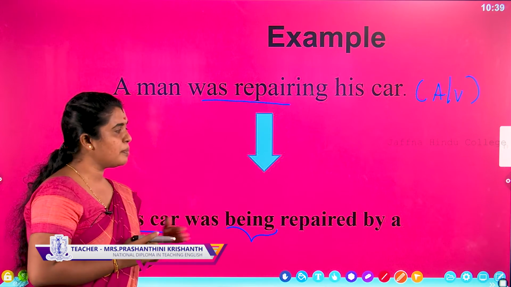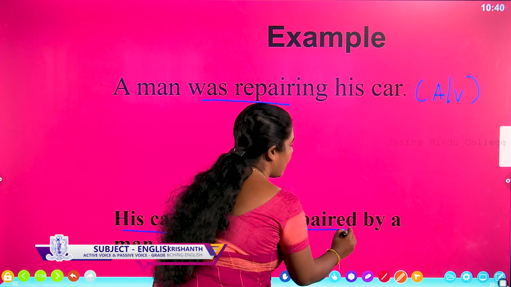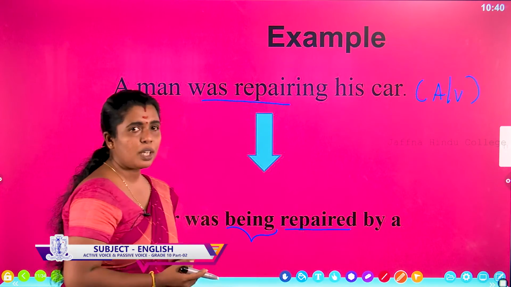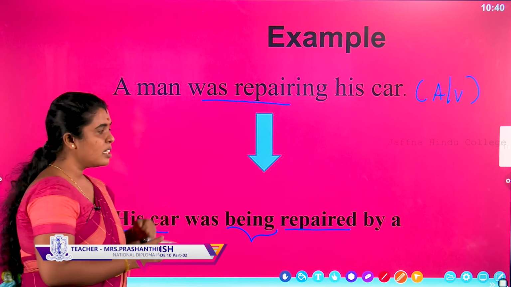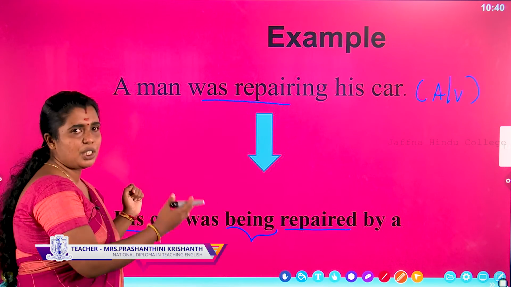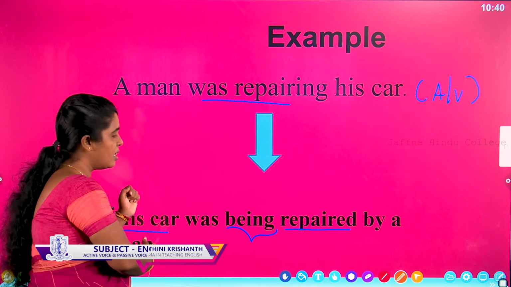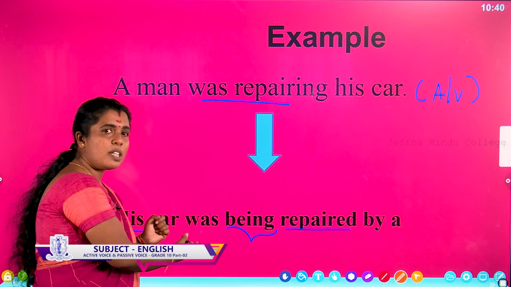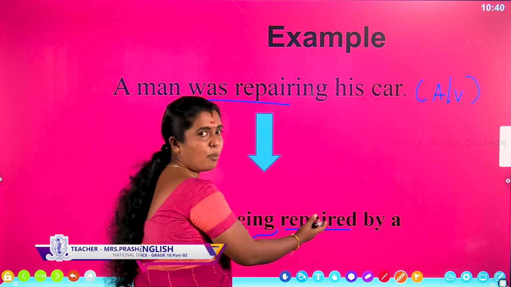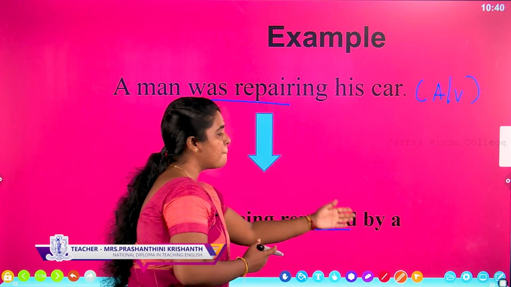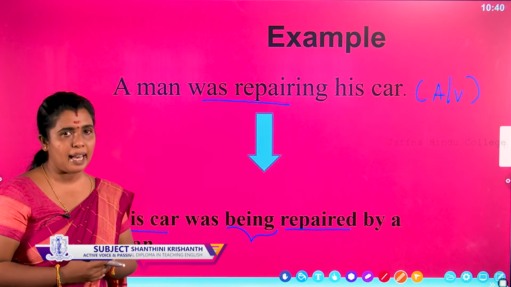So the past participle form of repair, repaired, right? Repaired by the doer. So who is the doer? By a man, right? So we can easily change into passive voice. See here, we are taking the object first, his car, then the suitable helping verb was, and we are adding being, then the past participle form of the verb repaired by, finally we have to add the doer, a man, right?